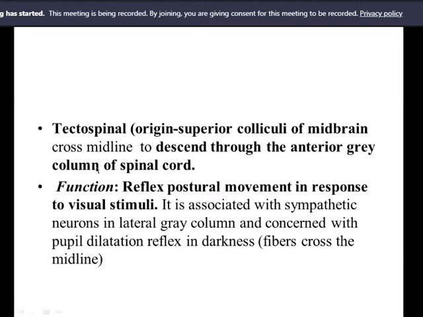And that is done by the tectospinal tract, reflex postural movement in response to visual stimuli. Because the tectum or midbrain is related to vision, related to the visual tract. Am I clear?